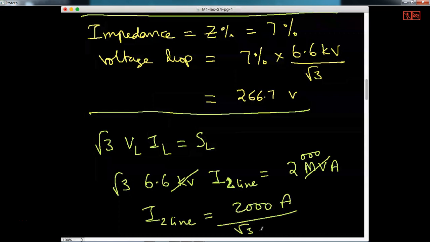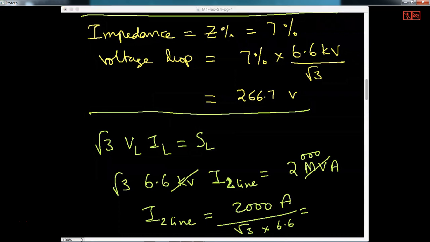So let me do that. 2000 divided by root 3 divided by 6.6. So I'm getting 220.8 amperes. I think I made a calculation error.